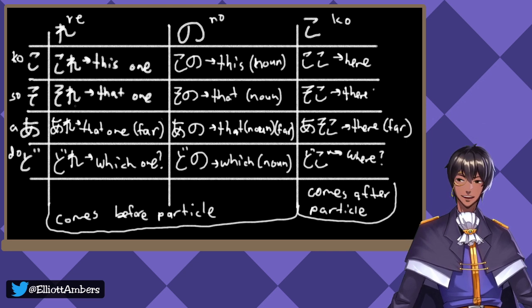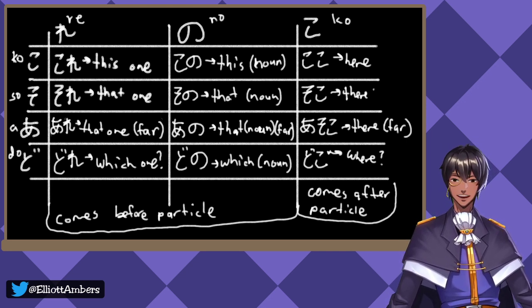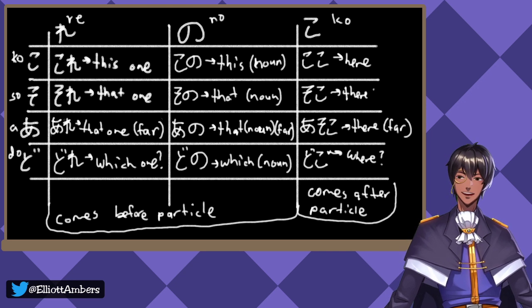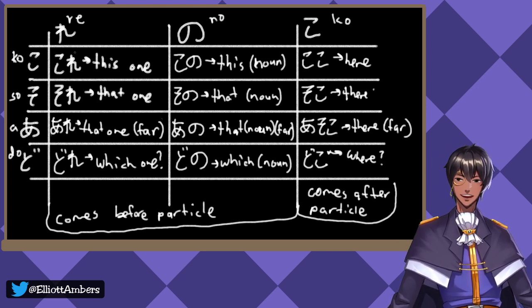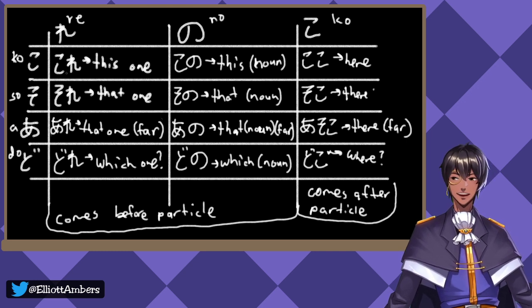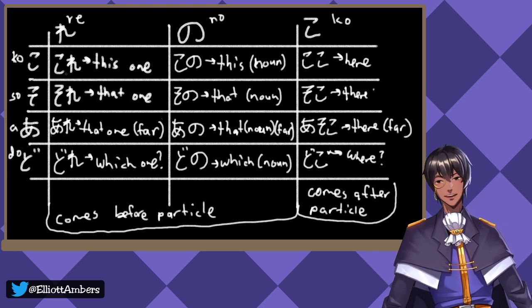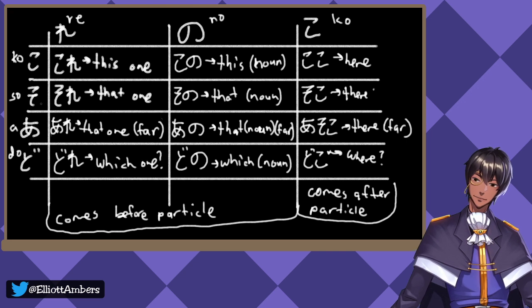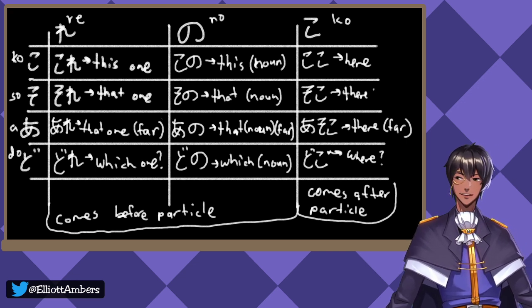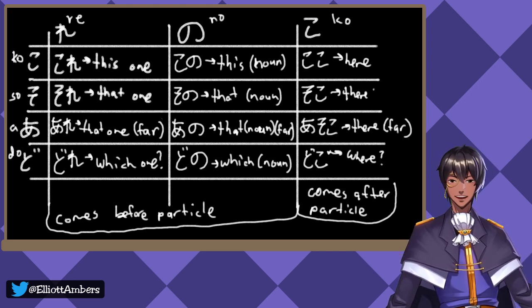If we line up the table, you can see that this first column, the re column, refers to talking about objects in general. We're not naming the objects, we're just pointing to an object and saying this one, that one. We say kore when pointing to an object near you, but not near the person you're speaking to. Sore refers to something close to the person you're speaking to.